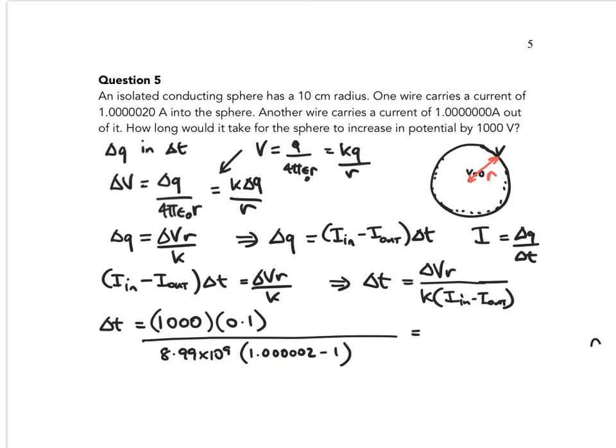Punch that into our calculator and we get 5.6 by 10 to the minus 3 seconds. Pretty fast, 5.6 milliseconds to reach 1,000 volts. And that's only a very small current flowing in and out of this thing, so impressive.